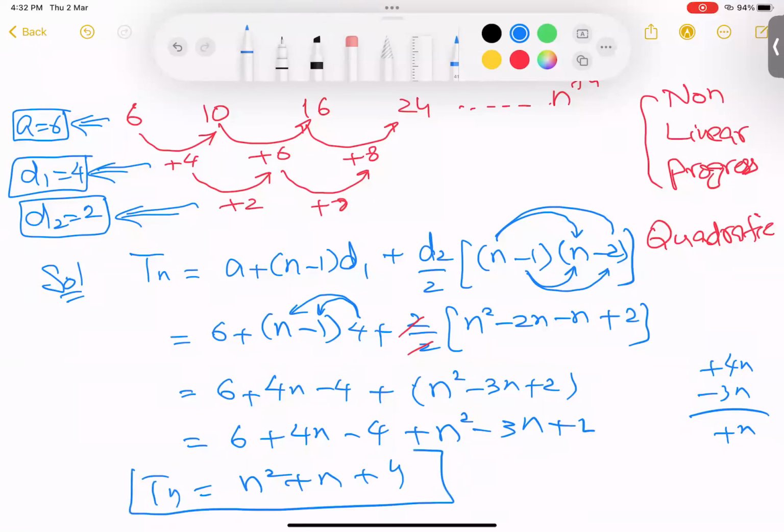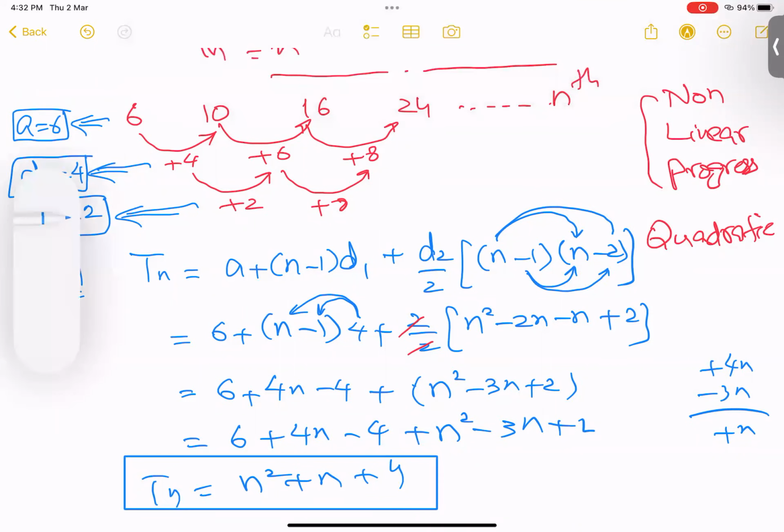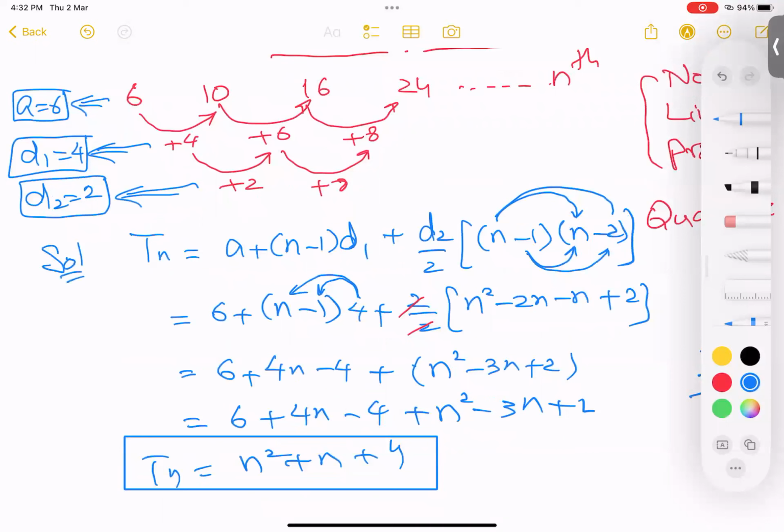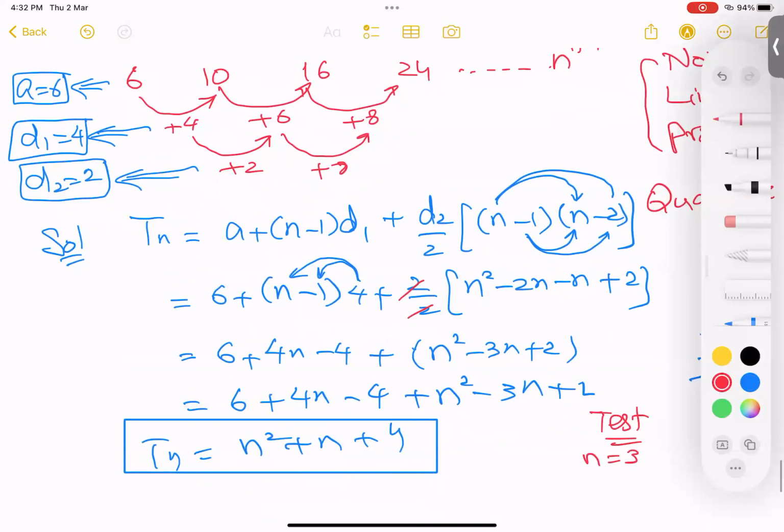But if you say, no sir, I don't believe this answer, so I'm going to test. What is the small test I'm going to do here? This is not a compulsory part of the topic, what I'm doing now, the test. So I will plug in, for example, the third term, 16. If I plug in 3 for each n, look at it, I'm putting n equal to 3. Let's see what answer comes.